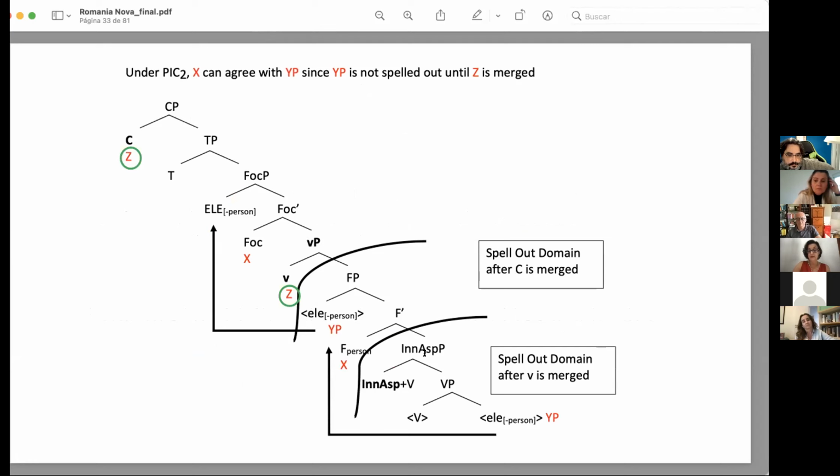You have a first spell-out domain after V is merged for inner aspect. So ELI moves here. This is not a phase yet, and it will only be a phase when C is merged, right? And then it can move up here.